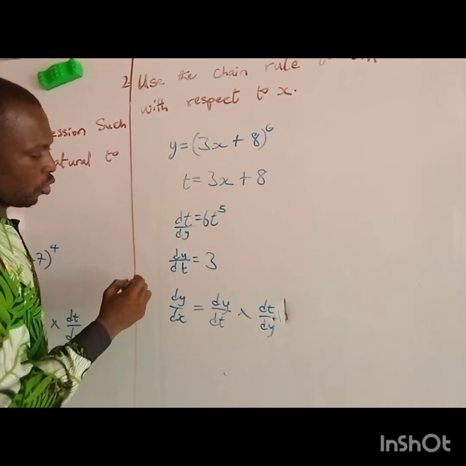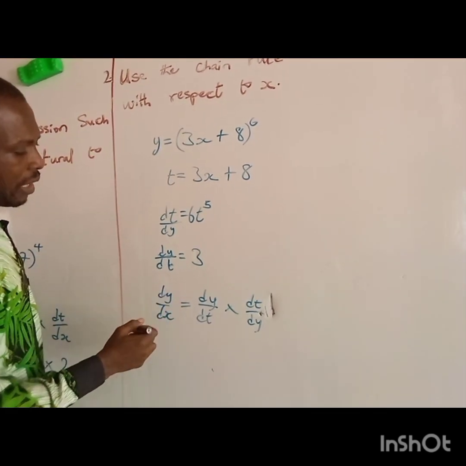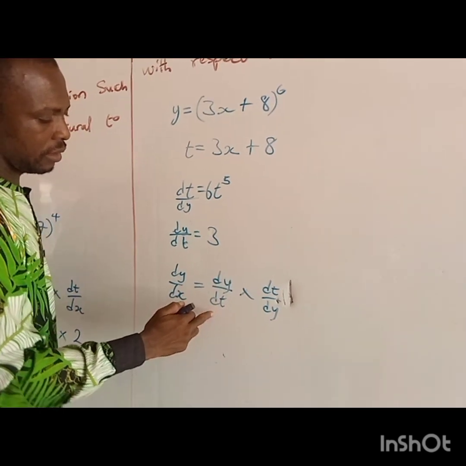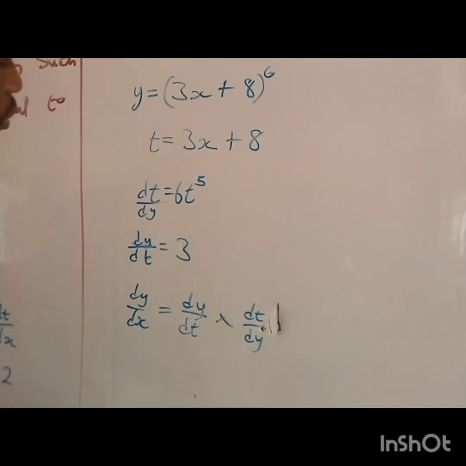So we have the chain rule as dy/dx equal to dy/dt times dt/dx.